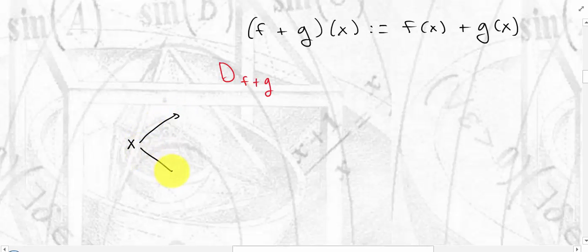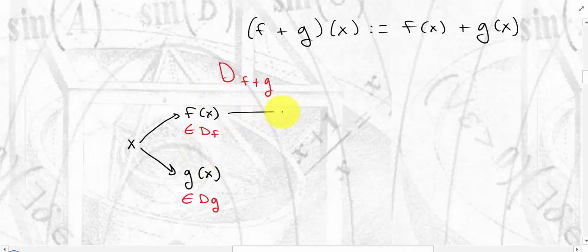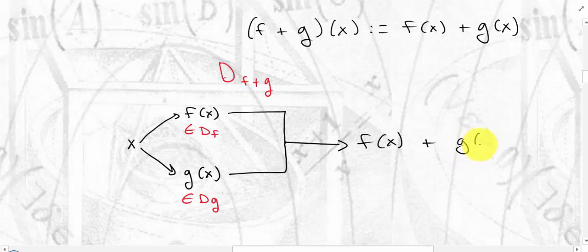Well, the first thing that you do is you throw it into f, and then you throw it into g. Well, to be able to do that, you have to be in the domain of f, and you have to be in the domain of g, right? If not, these would be undefined. And then what? And then you add these two outputs. So then you do f of x plus g of x.